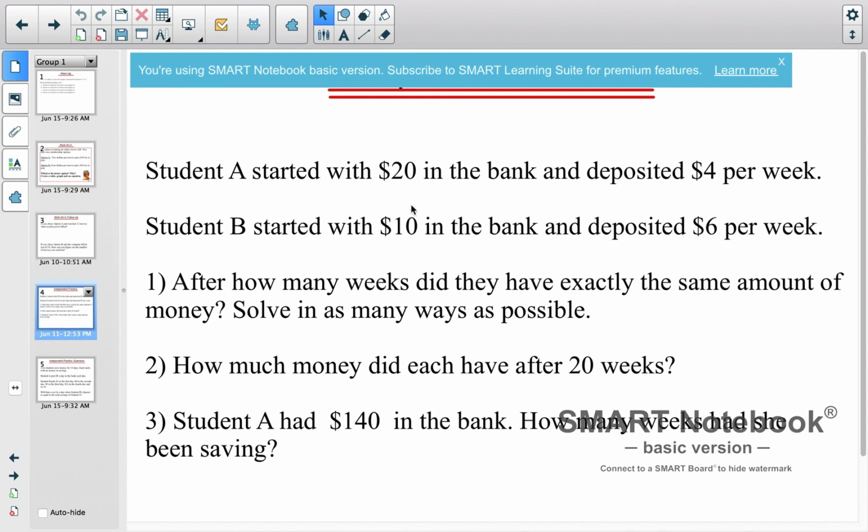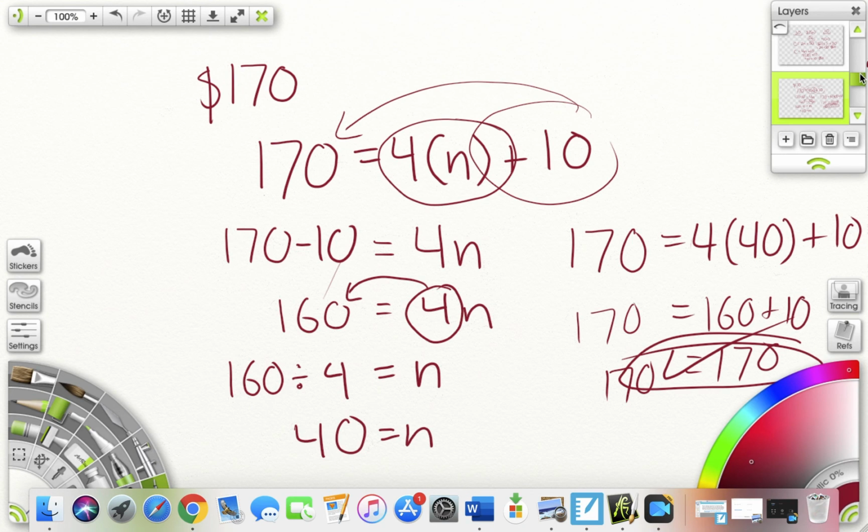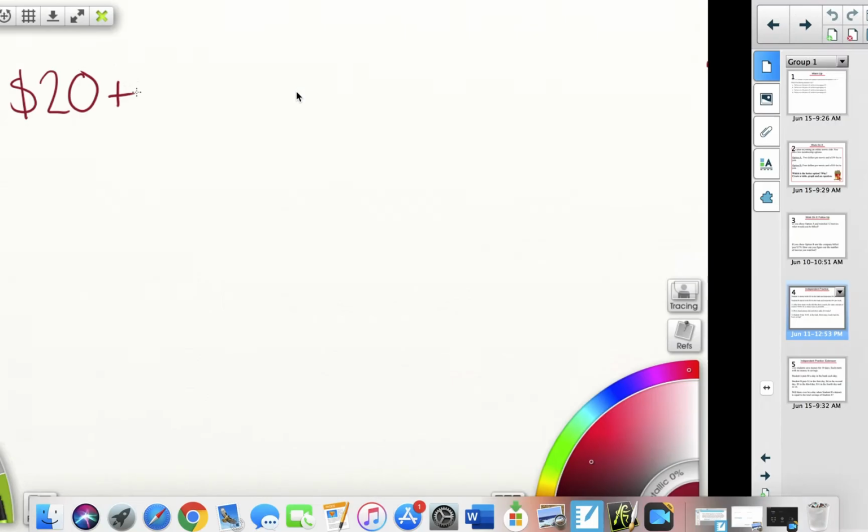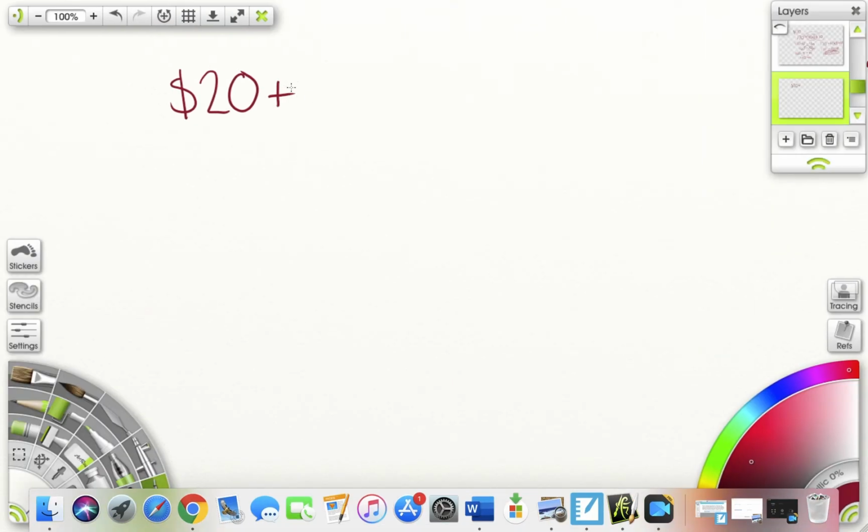So student A started with $20 in the bank account and deposited $4 per week. So those are my numbers that I need to work with. She started with $20 in the account and she put in $4 per week. So plus 4.